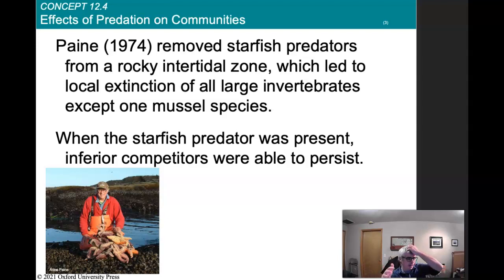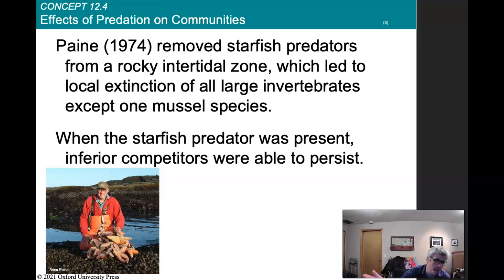And so in that ecosystem, the argument is that sea stars are keystone predators, meaning their predation of mussels improves biodiversity and ecosystem function. When you remove sea stars, it becomes a mussel-dominated system, all mussels all the time.